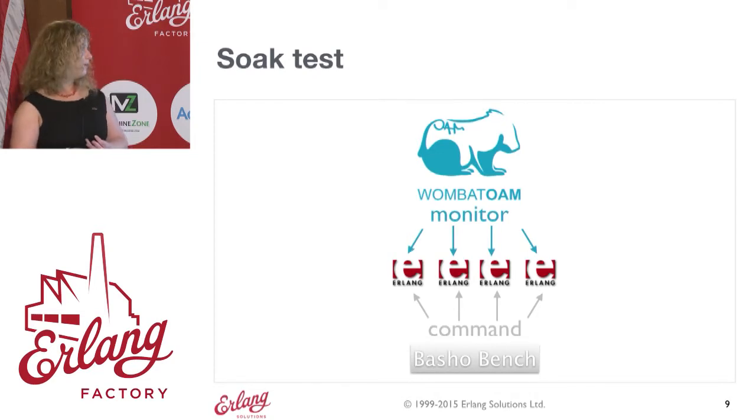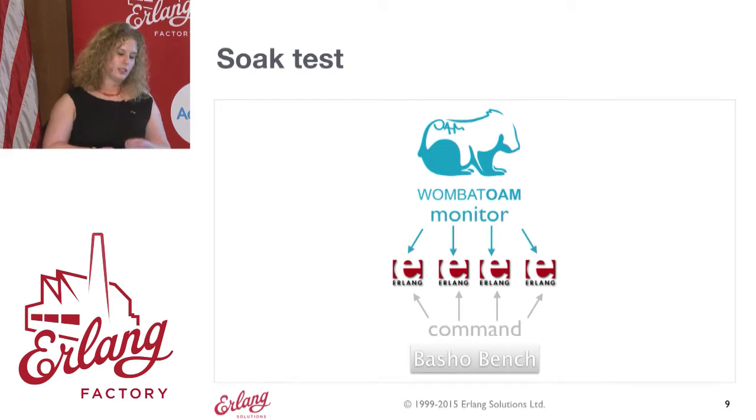You know, Wombat monitors the node by injecting agents into the Erlang nodes. So in such a bad Erlang node, these agents still need to function and provide the input to Wombat.